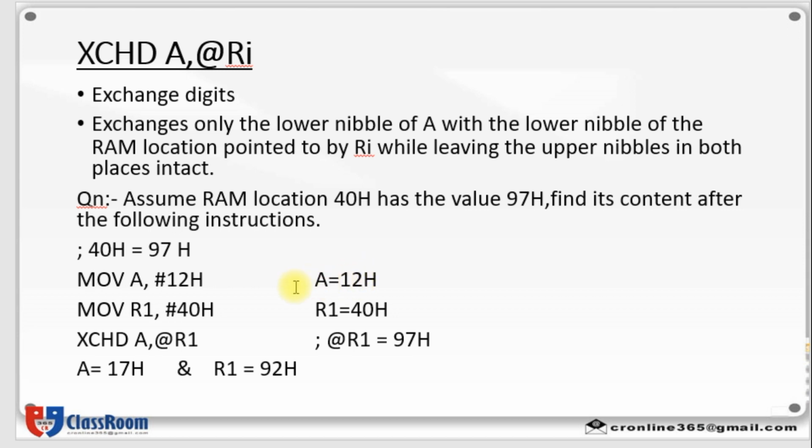For the accumulator, the lower nibble is 2 and for the RAM location the lower nibble is 7. So these are exchanged. The accumulator will have the result A equal to 17H, and the RAM location will have the remaining contents, that is 9 and this exchanged value 2. So it will have the result 92H.